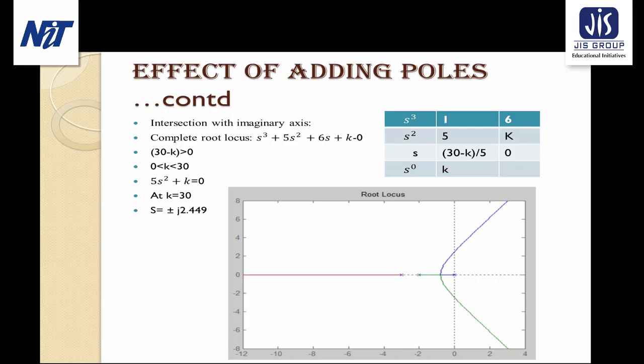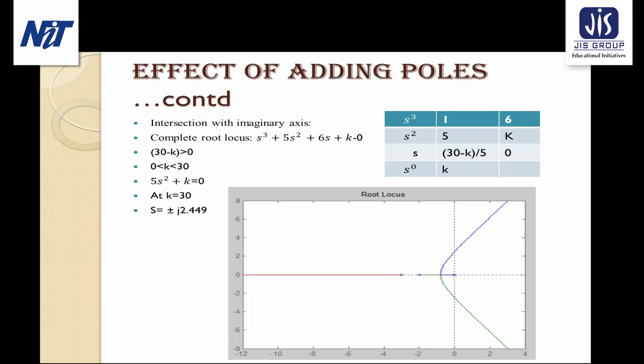That means after adding the pole, the graph has been shifted to the right hand side. This indicates the system is less stable than the previous one.